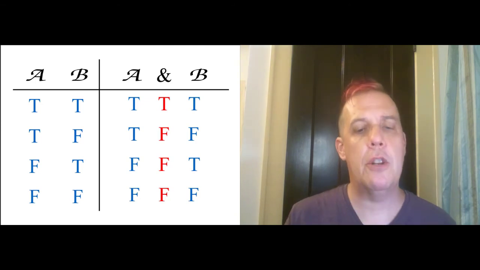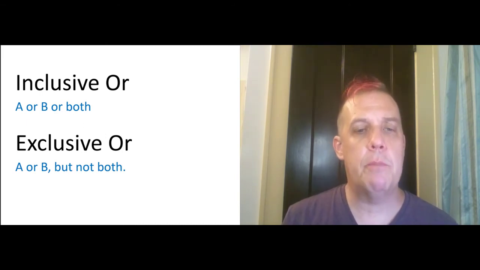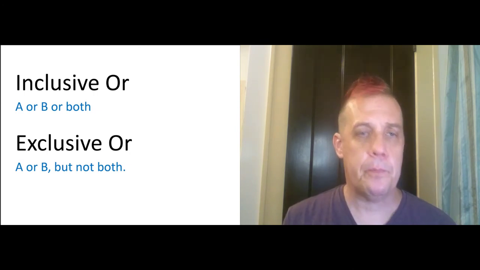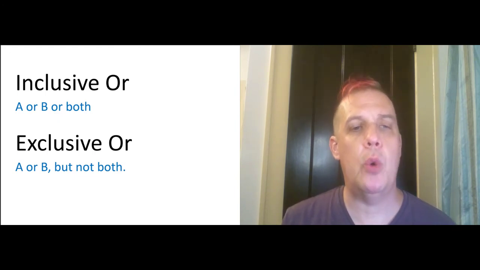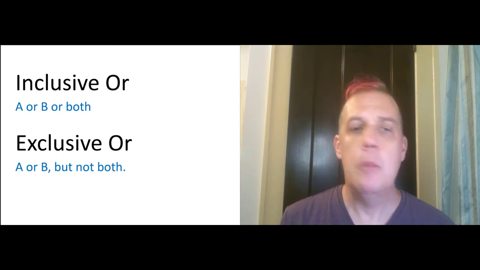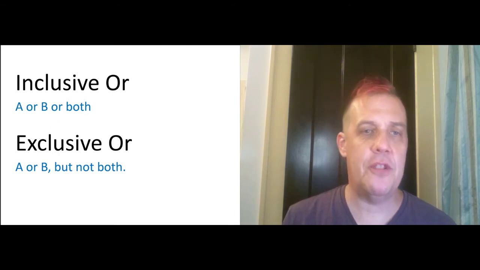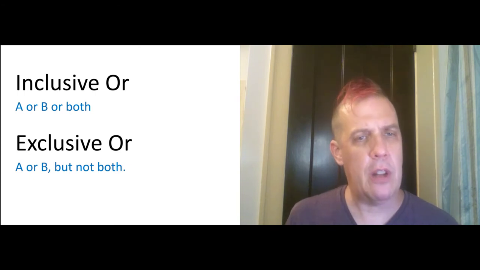All right, let's go back to the word or. We said last time that the word or in English is ambiguous between what we called the inclusive or and the exclusive or. That is, or could mean A or B or both, or it could mean A or B, but not both. And this is why when someone says you can do X or Y, you can always ask the question, well, can I do both?